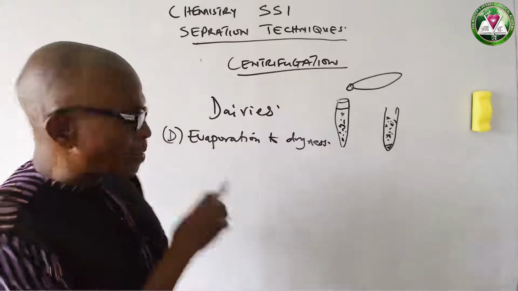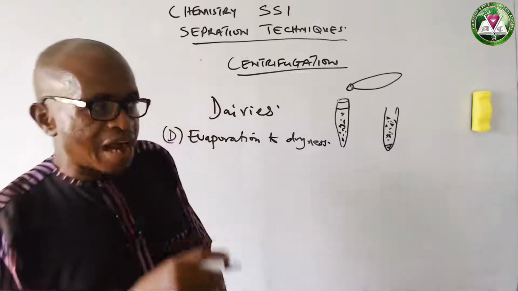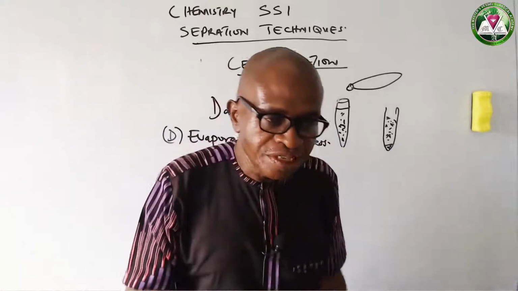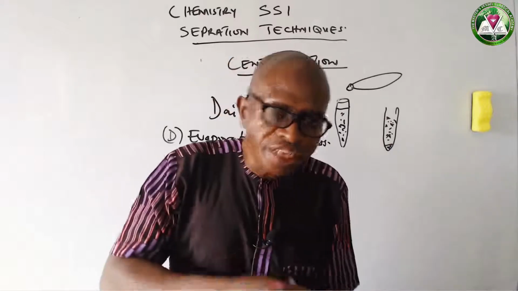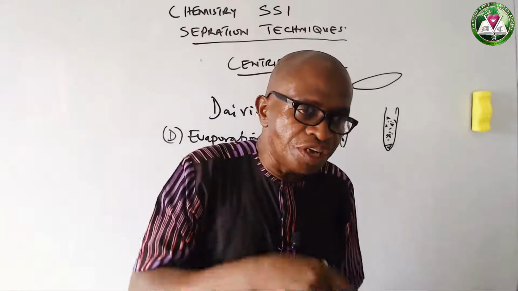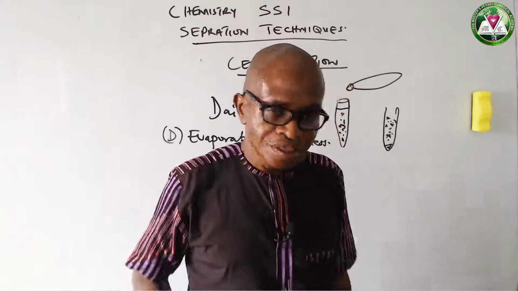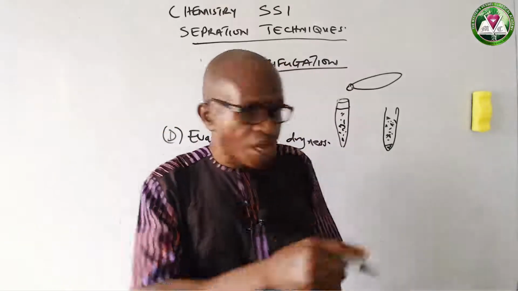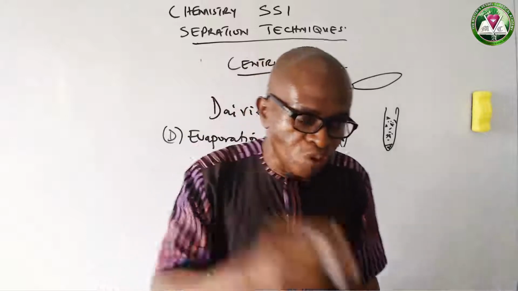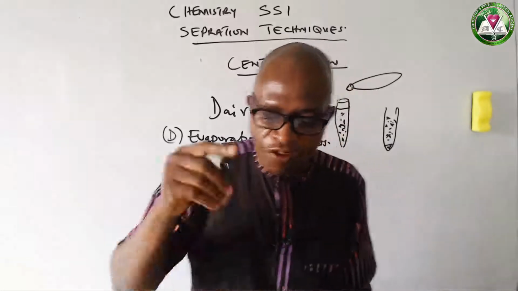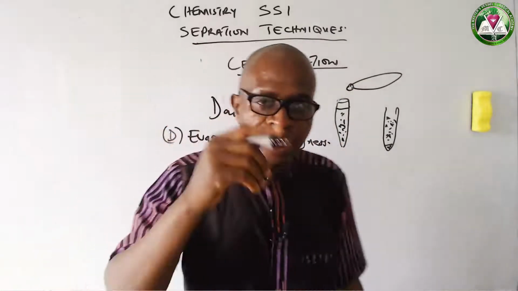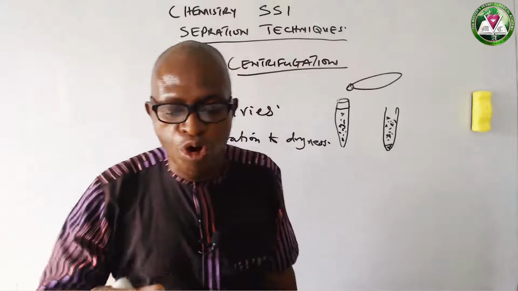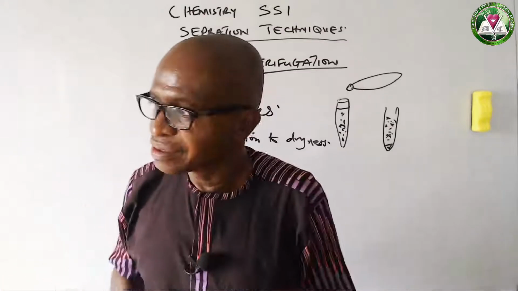Evaporation to dryness is applied when you have a mixture of solid and liquid in which the solid dissolves in the liquid. Remember that the other three we've just mentioned are for when the solid is not soluble in the liquid. But that of evaporation to dryness is when the solid is soluble in the liquid.